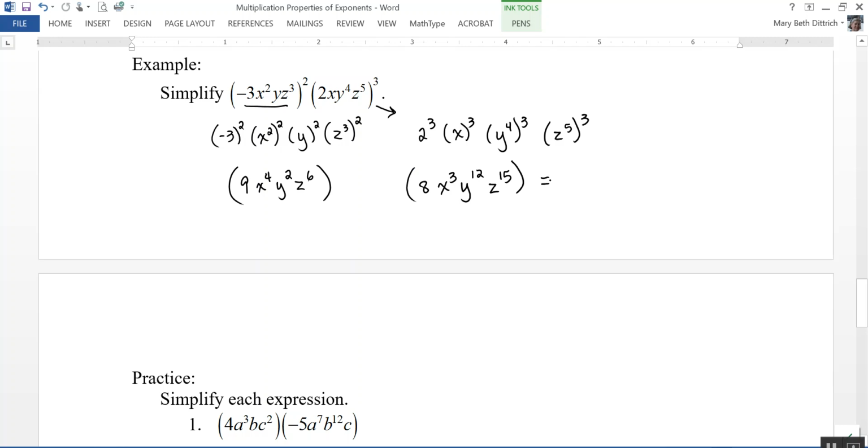Now I no longer have a power raised to a power, it's just straight multiplication. So I can do 9 times 8, which is 72, x to the fourth times x to the third, add the exponents, that's x to the seventh, y squared times y to the 12th, add your exponents, 2 plus 12 is 14, z to the sixth times z to the 15th, 6 plus 15 is 21, so z to the 21 power.